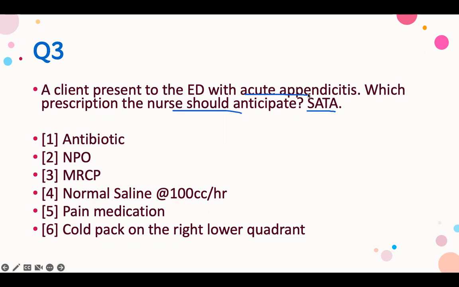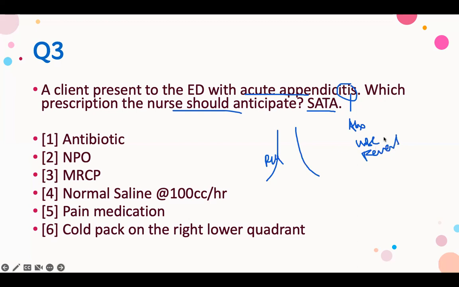Okay, where is appendicitis? Well, the appendix is in the right lower quadrant, and it's an infection. So I should expect some antibiotic. I should expect the white count to go up. So this is basically the content level they want you to use to answer this question. Because it's an infection, if you have a fever, these are signs and symptoms.